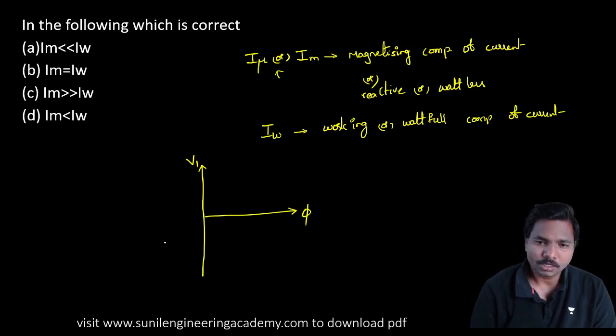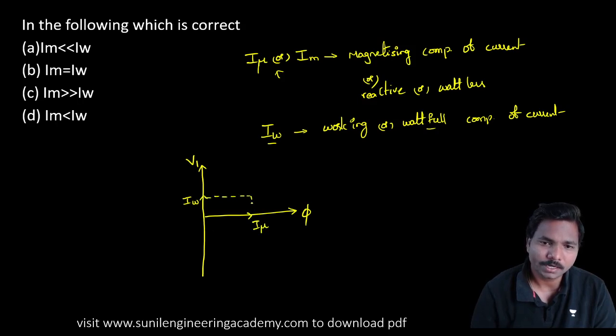Coming to the no load current, the working component, or wattful, is always the resistive component, in phase with the voltage, that is I_w. The magnetizing component, the reactive component, always lags 90 degrees with respect to the voltage, I mu. The resultant of I_w and I mu is I naught, which maintains nearly 70 to 75 degrees.